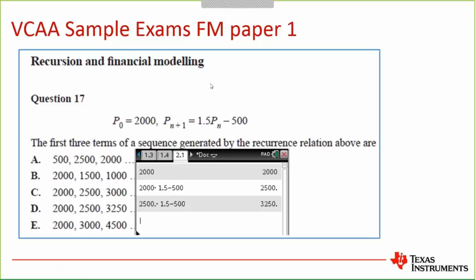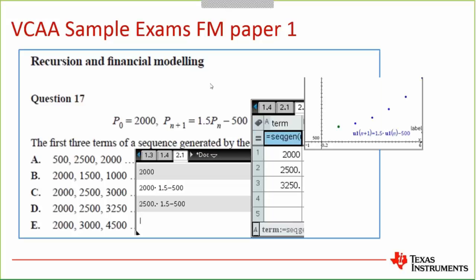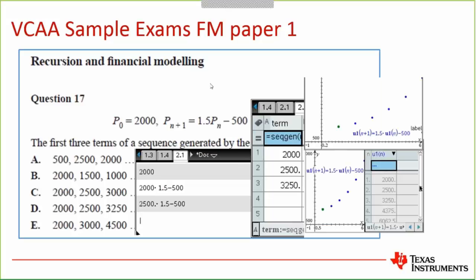We can do that the way Sanjeev has already shown us, the way I just mentioned with the sequence command, or with the graphing sequence command. Depends on which way you want to skin your cat. You've got 3 different options.